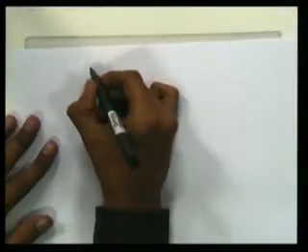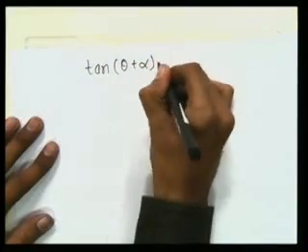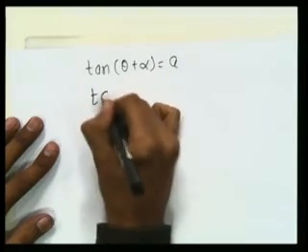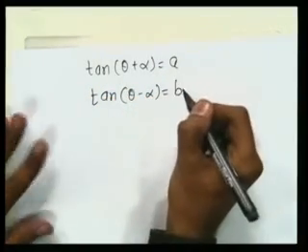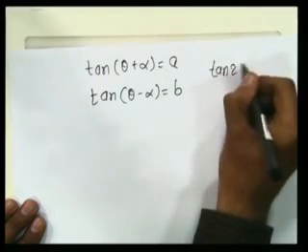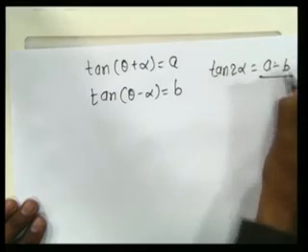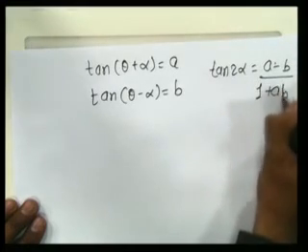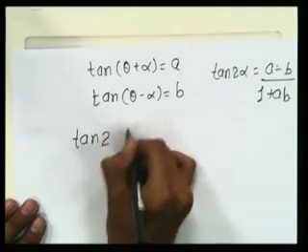Question is, value of tan of theta plus alpha is A and value of tan of theta minus alpha is B, and we want to prove that tan 2 alpha equals A minus B over 1 plus A into B. We want to find the value of tan 2 alpha.